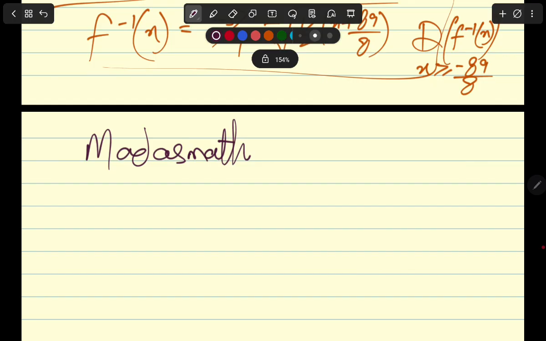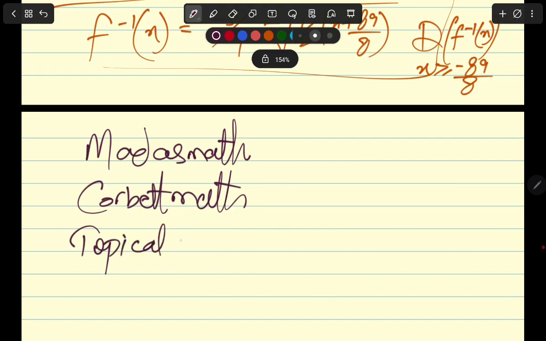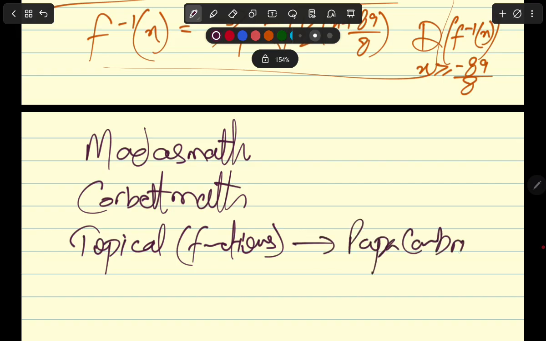If you want to start with something smaller or basic, you can go on Corbett Math and do the practice, and then you should go on topical functions and do the questions from there on the Papa Cambridge website, which I'm pretty sure you are all familiar with.